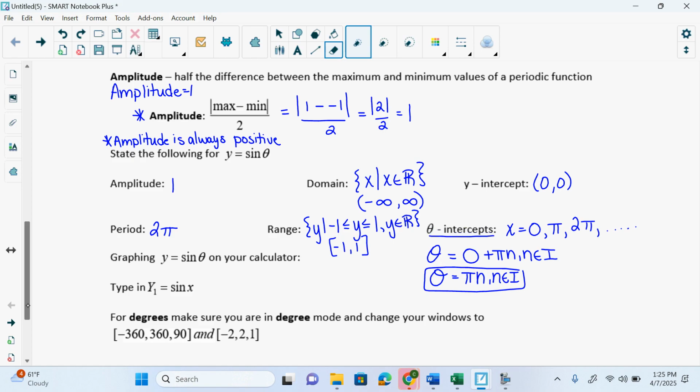So you always have to pick your mode before you zoom trig. Zoom trig just gets you a window. It doesn't always get you the right window. It just might get it at least in the right mode. Go to your y equals, see if you have a sine x in it. Zoom trig.